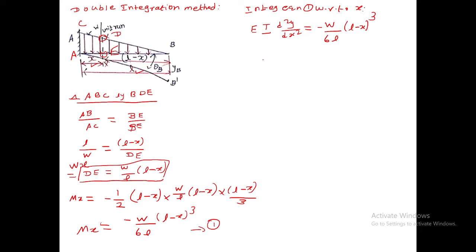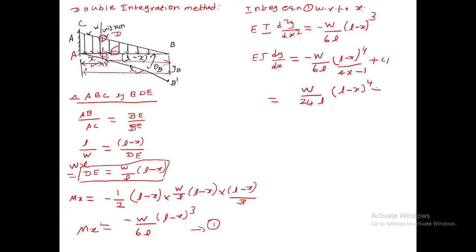Integration: EI dy by dx equals minus W by 6L into L minus x power 4 by 4 into minus 1, plus C1, which equals W divided by 24L into L minus x power 4 plus C1.